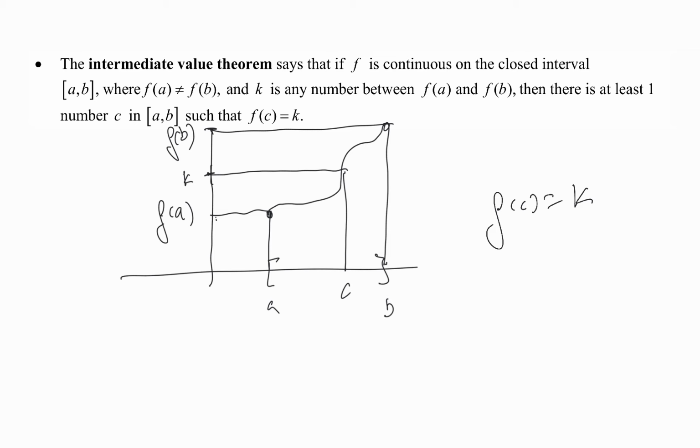This is named the intermediate value theorem, and it is a difficult theorem to prove that needs a lot of topology.